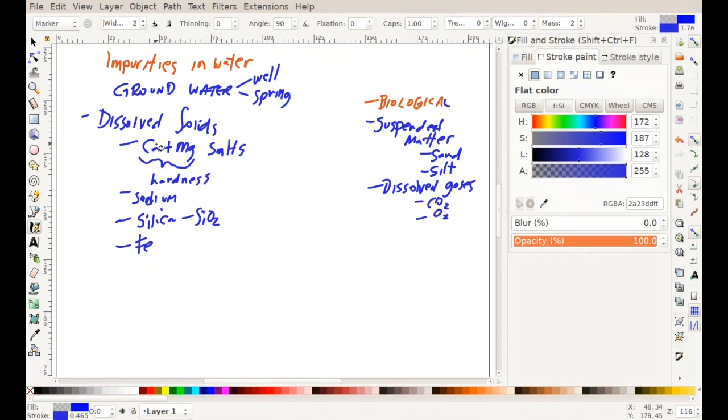So these are all examples of impurities that we primarily find in groundwater. Whereas the ones on the right-hand side here, these are impurities that we find more in surface water. And by surface water, we mean rivers, lakes, that sort of thing.